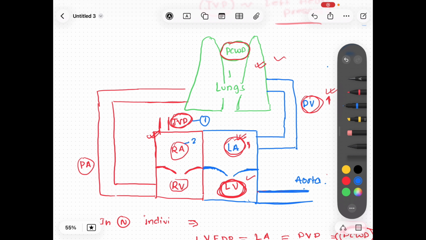Second is the right atrium. Third is the tricuspid valve. Fourth is the right ventricle. Fifth is the RVOT or pulmonary valve. Sixth is the pulmonary artery. If all the barriers are normal, then JVP reflects, not is equal to, reflects pulmonary capillary wedge pressure.